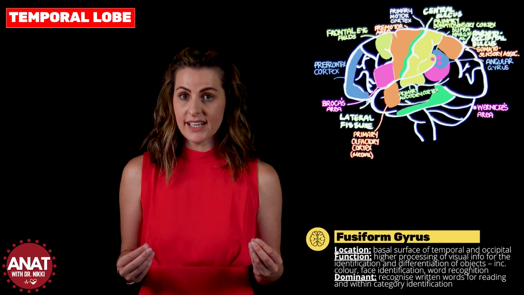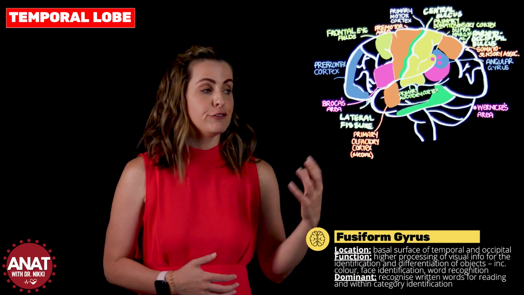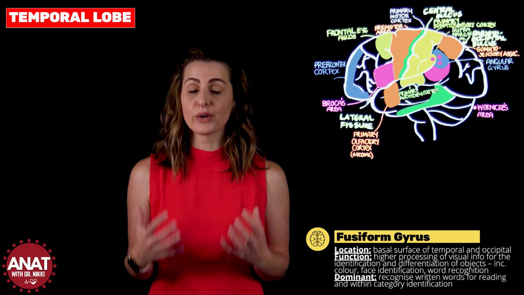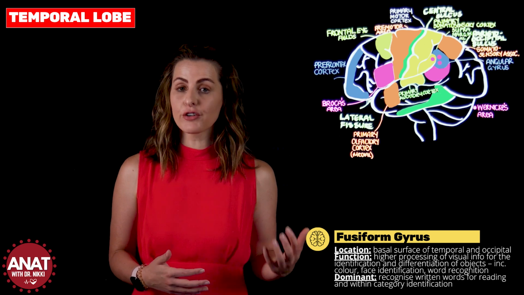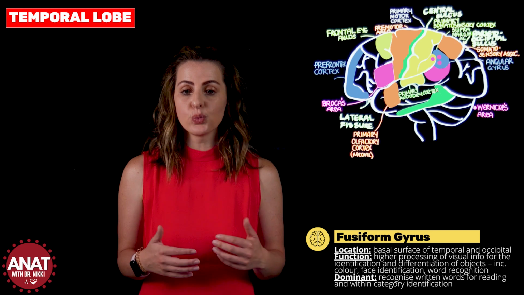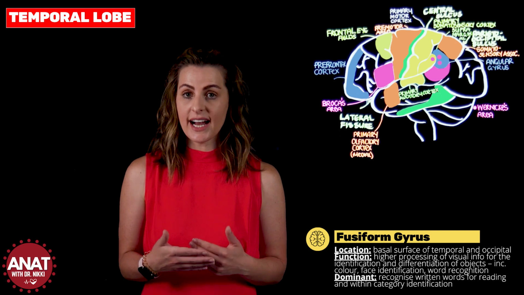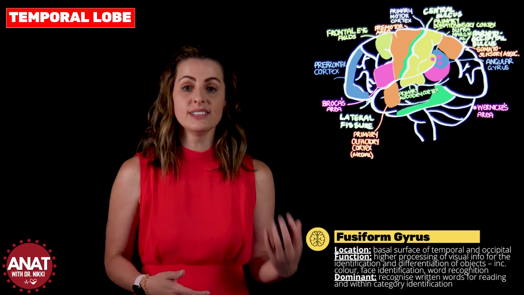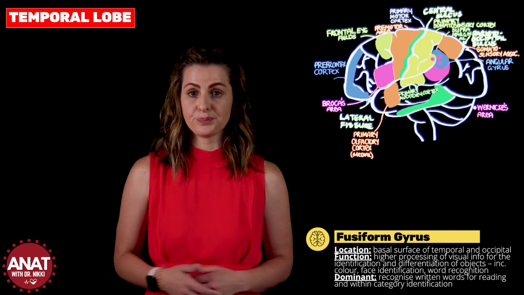On the dominant side, so on the left, the fusiform gyrus is going to function to recognize written words. These are required for reading, as well as within category identification. So that is types of flowers or subcategories of fruit.